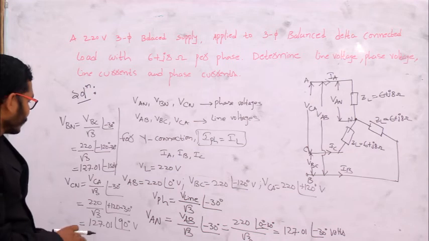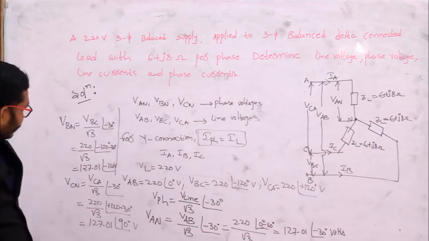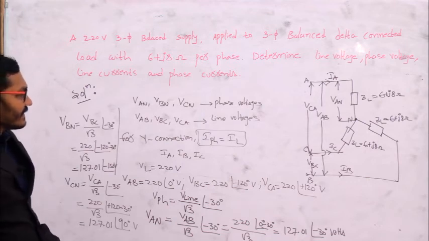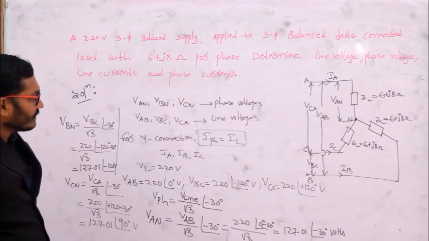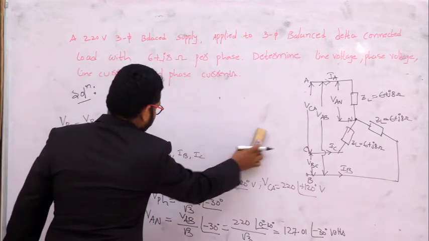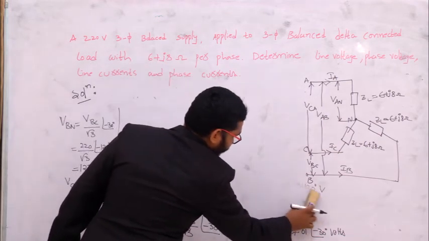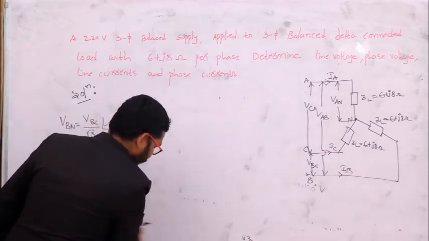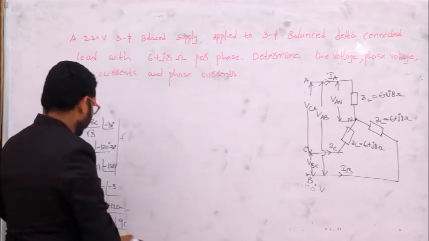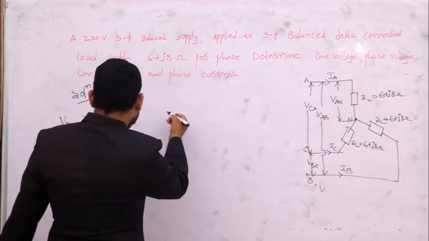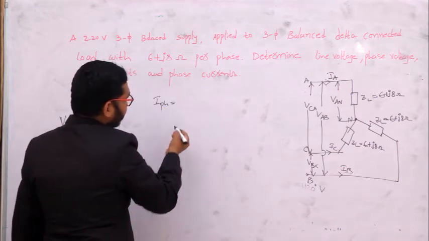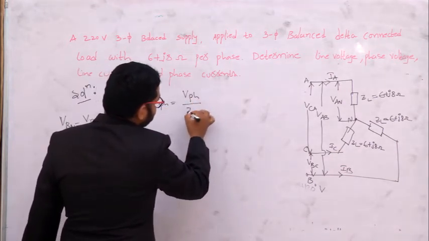Next, you can find out the currents, phase currents as well as line currents. For a star connected network both are the same, right? If you want to find the phase currents, the phase current equals V phase by Z phase.